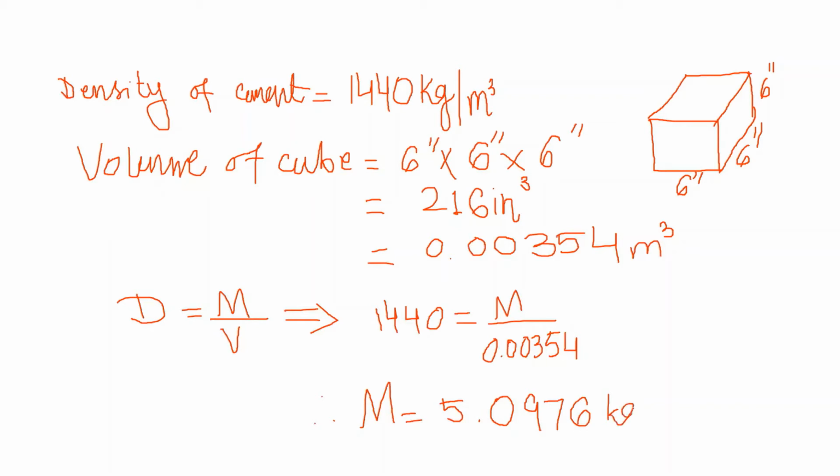Why is it so? Let me make it clear. Because 1440 is in kilogram per meter cube, and this one is in meter cube. So meter cube will cancel out, and then you will get the value of mass, 5.0976 kilograms. So this is the total mass.